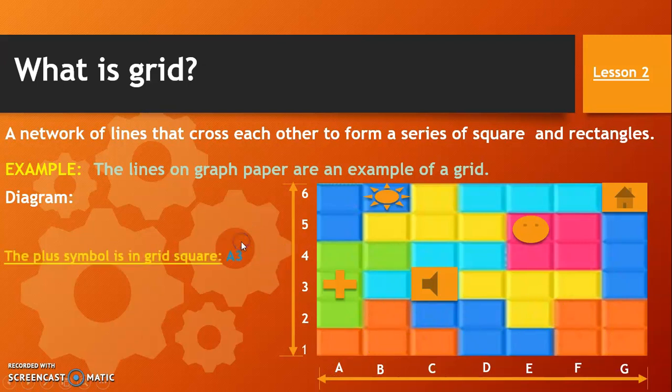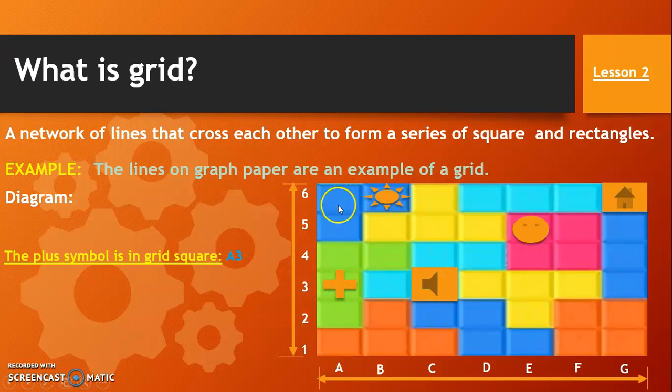Okay. The plus symbol is in grid square A3. How do we come to know that the plus symbol is in grid square A3? As we know, A represents this vertical column, and 3 represents this horizontal row.